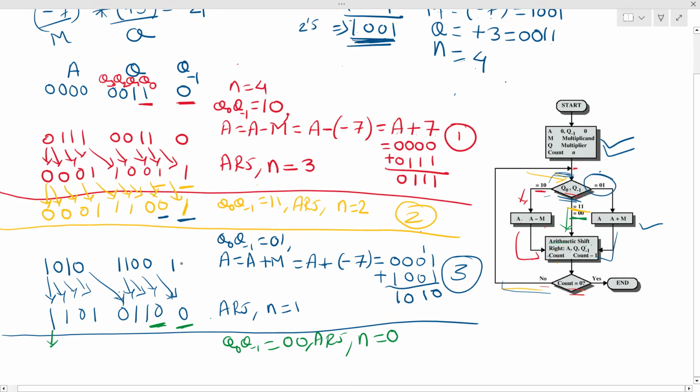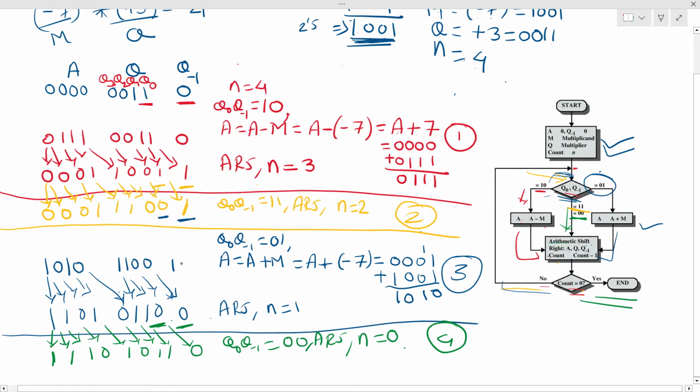So to perform arithmetic right shift, this bit will be as it is 1, 1, 0, 1, 0, 1, and this will be 0. Okay, now this will be your fourth cycle. Now count, I will check, it is 0. So I will end this algorithm.